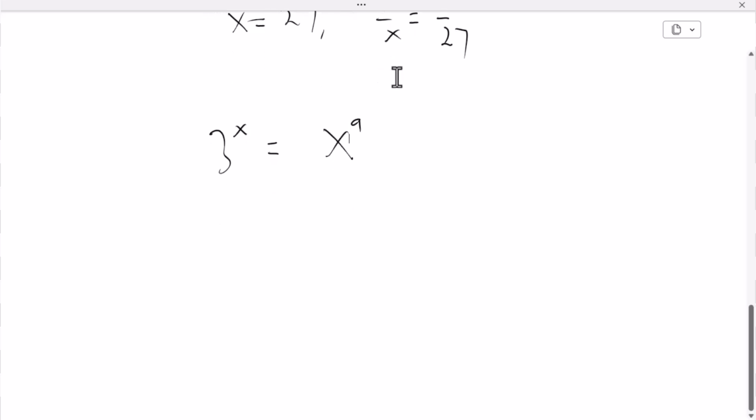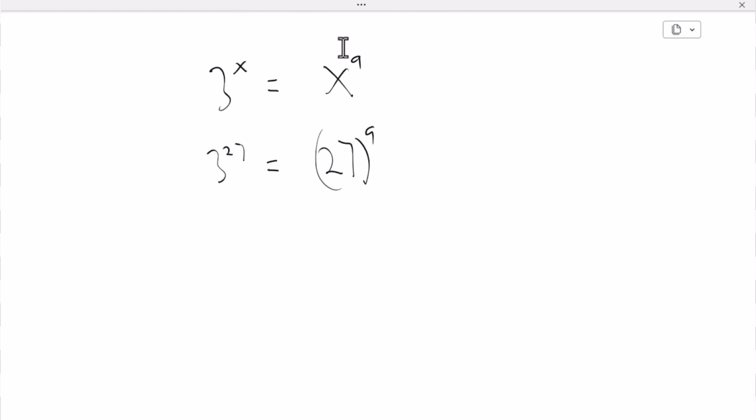So what it means is that we have 3 to the power 27 to be equal to 27 to the power 9. Okay, now we can say that this is 3 to the power 27 on the left hand side to be equal to, now instead of writing 27 over here, I can write 3 to the power 3, that's for 27, all raised to the power 9.